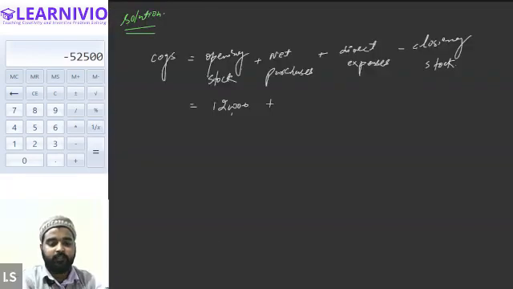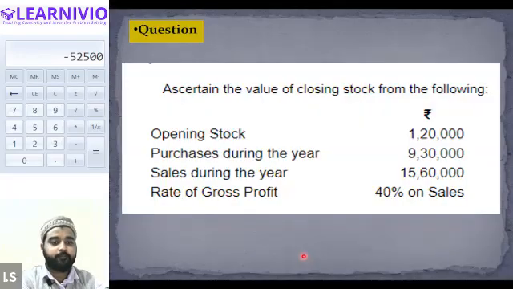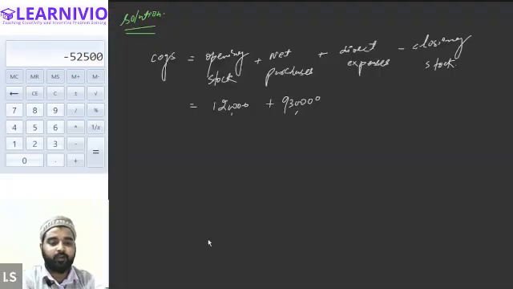As the value of sales return is not given in this question, we will consider it as the net purchases only. Then we need to write down the direct expenses. Since direct expenses are not given in the question, we can consider it as 0, and the balance value will be the closing stock.